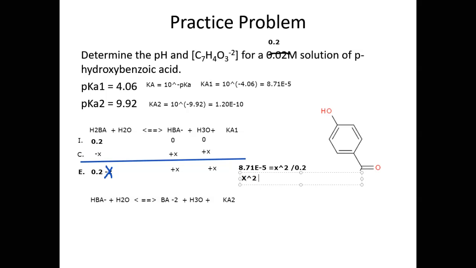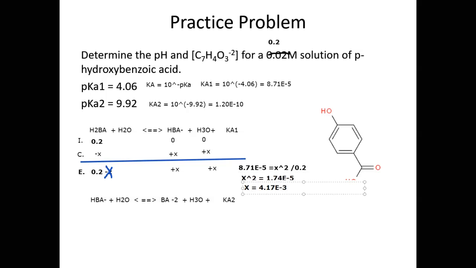x squared equals 1.74 times 10 to the negative fifth. And so x equals 4.17 e to the negative 3.